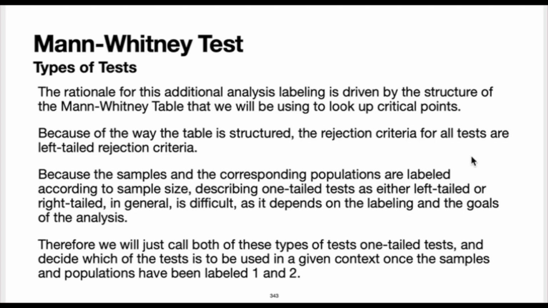In order to do this test efficiently, fairly quickly, and without making errors that might occur if we had to construct the sampling distribution of the test statistic, we're going to use tables. So if you think back to really every test that you've performed, you've used some kind of distributional table, a reference table. For example, you've used the standard normal table to test hypotheses about z-tests about a population mean.